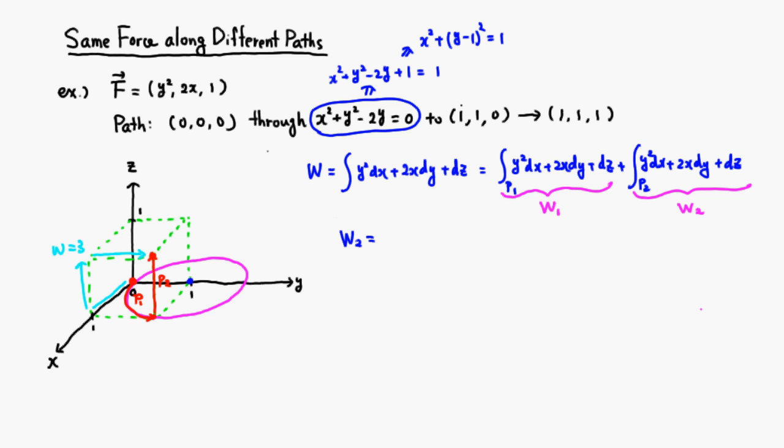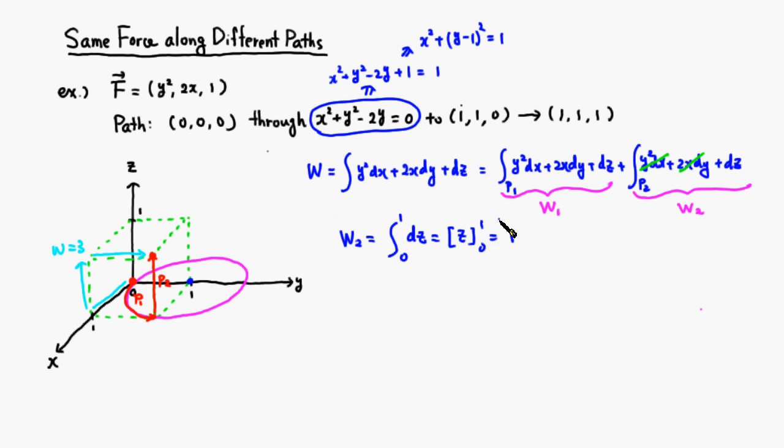So these two terms are going to be 0 because there's no change: dx is 0, dy is 0. You just end up getting the integral from 0 to 1 of dz. This one's easy enough. The antiderivative of 1 is z from 0 to 1, so you get 1.